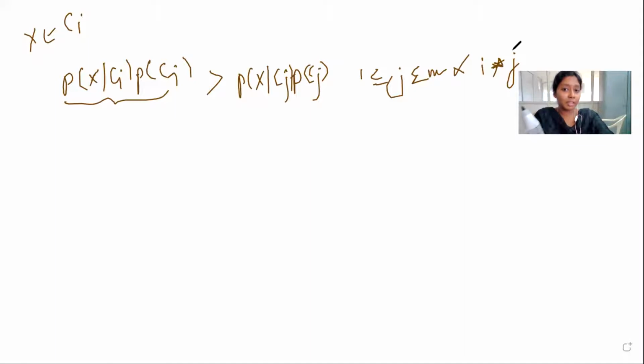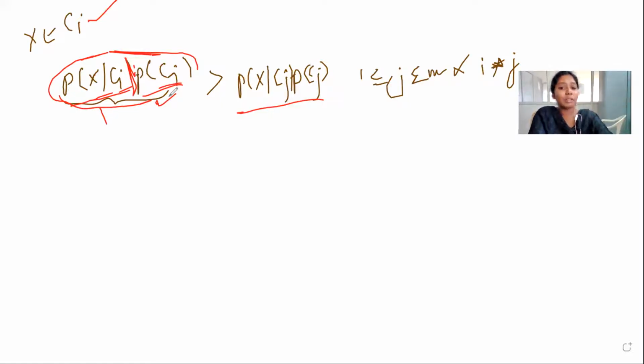So X belongs to class Ci if this whole thing is greater than the remaining classes. This is the posterior probability of the tuple X given the class, and this is the prior probability of the class. The product of these two, this is 1 and this is 2, should be greater than the remaining ones. The same condition, but the formula is changed a little bit here.